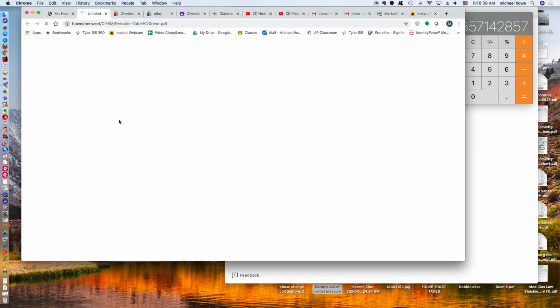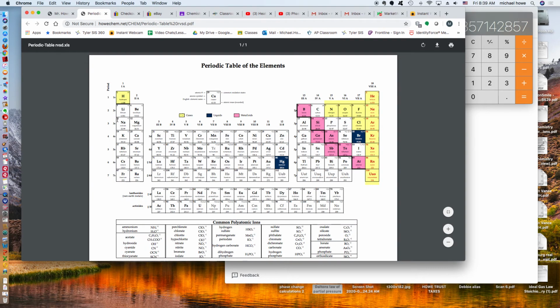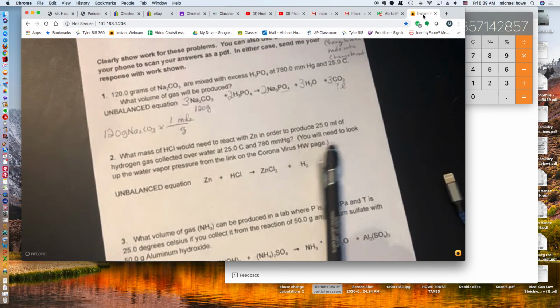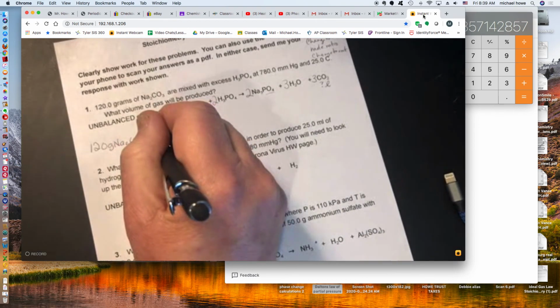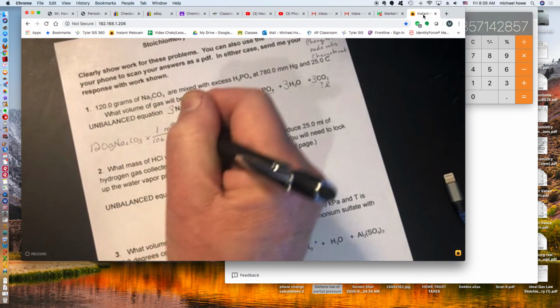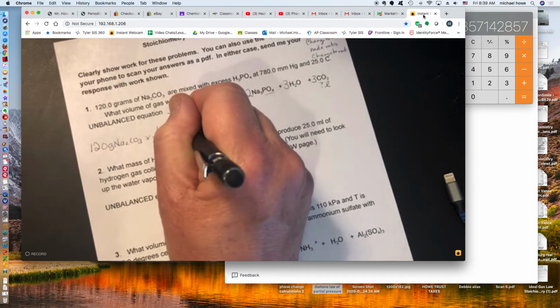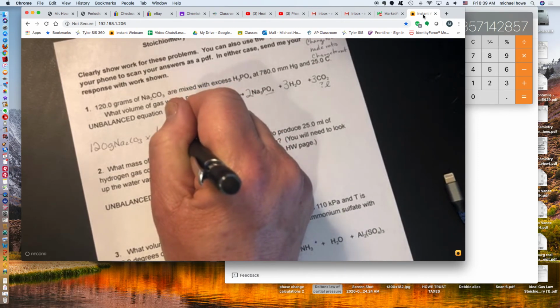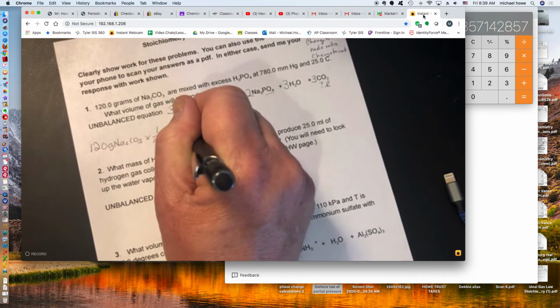So you go here. Sodium is 23, carbon is 12, oxygen is 16. 16 times 3 is 48. So if you add those all together, you get 106. And that's the molar mass of sodium carbonate.